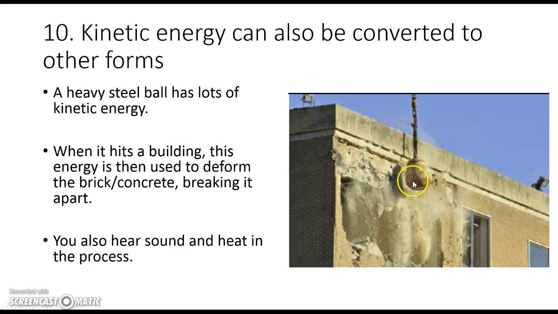A heavy steel ball is used because the heavier the ball, the more GPE it has, and then it can be converted to more kinetic energy. When it hits the building, this more kinetic energy of the heavy steel ball is used to deform the brick or concrete, thus breaking the brick or concrete apart. So the kinetic energy in this case is used to break the concrete apart so that you can demolish the building.